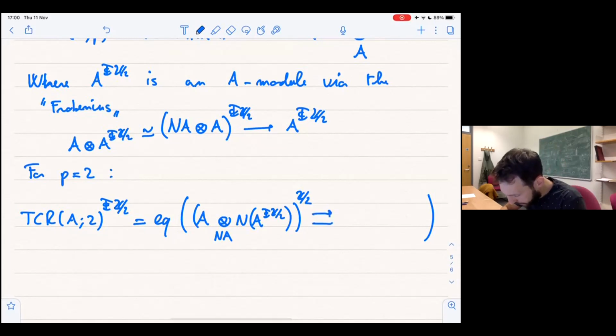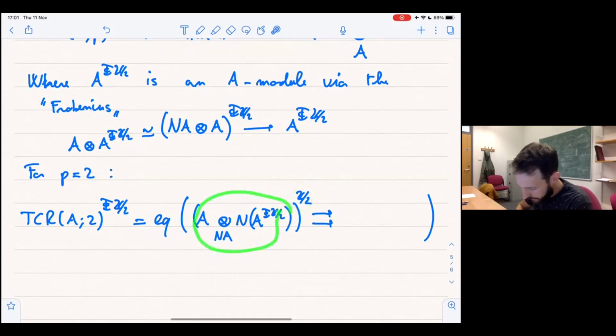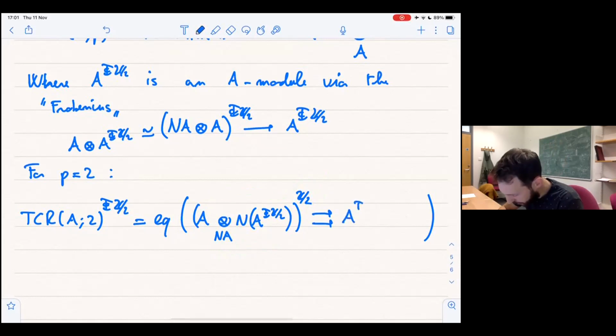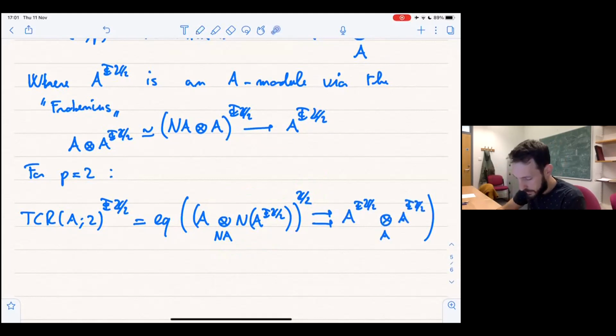And then there are two maps, basically the same thing without the fixed points, one of which is just a map that forgets the fixed points. But what is the underlying spectrum of this? Because the underlying spectrum of the norm is A tensor A, the underlying thing is just the geometric fixed points tensor A. So basically, this thing is the geometric fixed points of real THH.